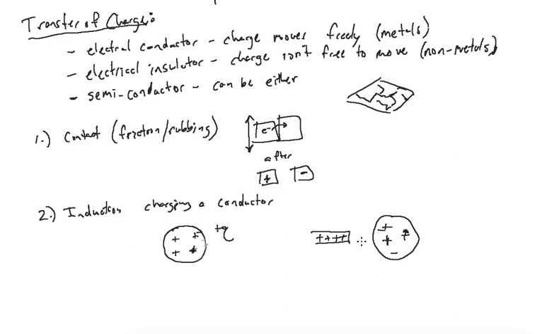If something is negatively charged, it means extra electrons. So remember, these negatives are going to attract over to these positives. And so if we attach the ground to this, try and go through and say what would actually happen. You should end up with this: once you remove the ground and remove this positive charge, it should be negatively charged. So see if you can walk yourself through how that would happen.